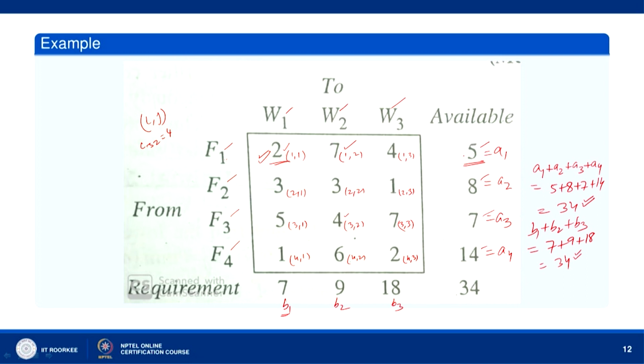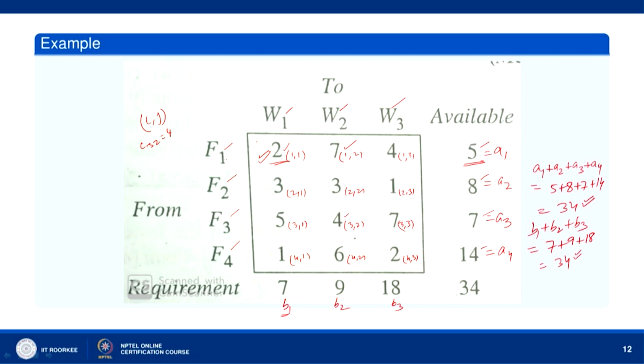So, we can at the most allocate 5 units to the cell 1 1, the top left corner. So, that is why we say the maximum allocation could be only 5; the minimum of 5 and 7 is 5. So, we will allocate 5 to the topmost left corner of this transportation table.